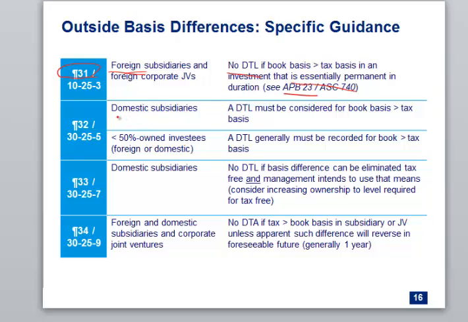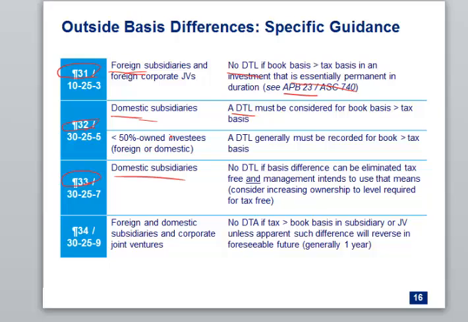Domestic subs. So paragraph 32 and 33 deal with domestic subs. And what that rule basically says is you have to have a DTL. Okay? So some people would read that and they'd be like, oh, this is not good, right?